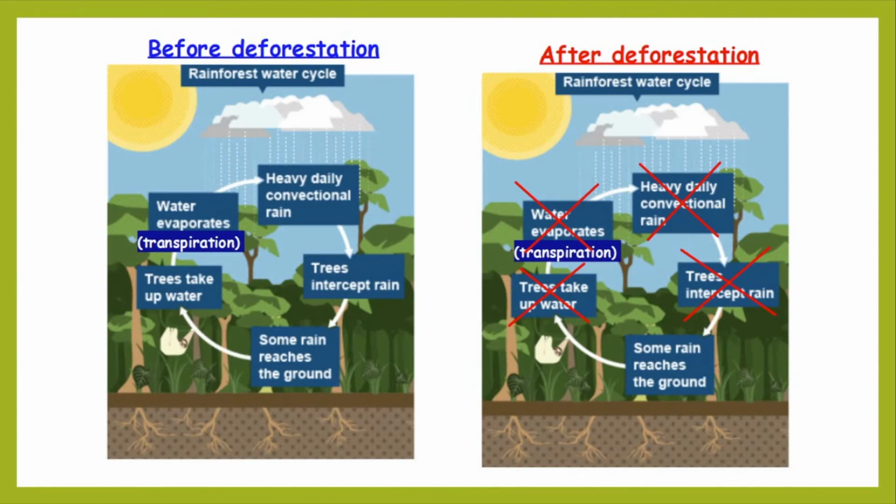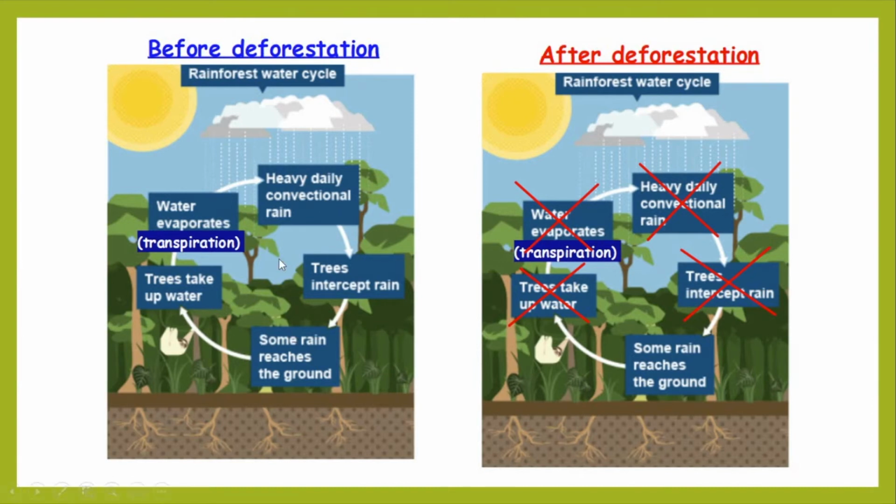Water evaporates from the plants. That's called transpiration. That transpiration puts moisture into the air, and that moisture rises and condenses to create the clouds that then bring rainfall. In this case, it's called convectional rainfall because the rising is driven by heat, by convection. So the trees, in a way, put the moisture in the air to form the clouds to bring the rain. They produce their own rainfall.